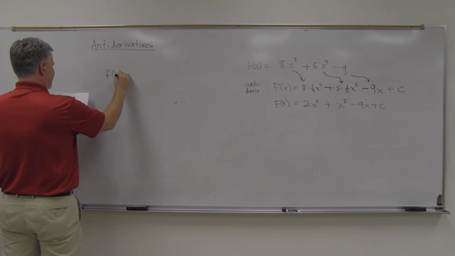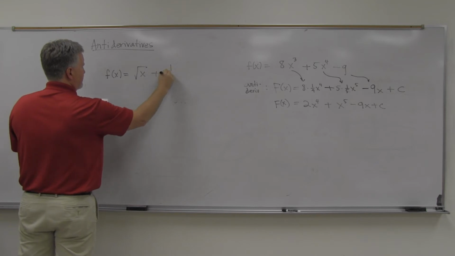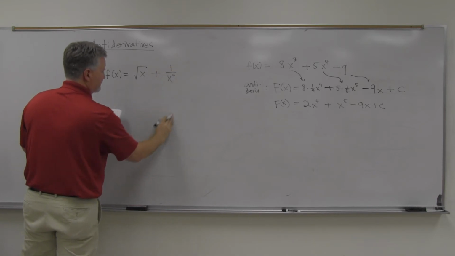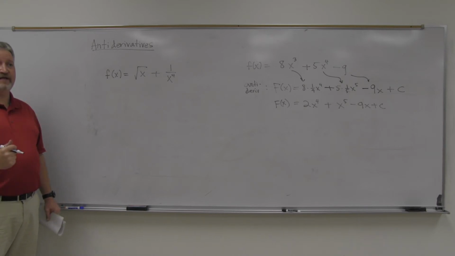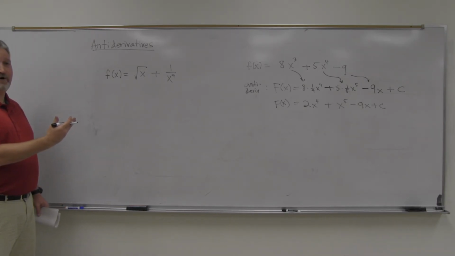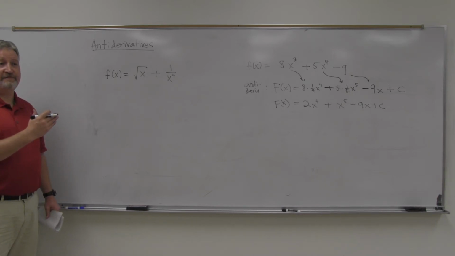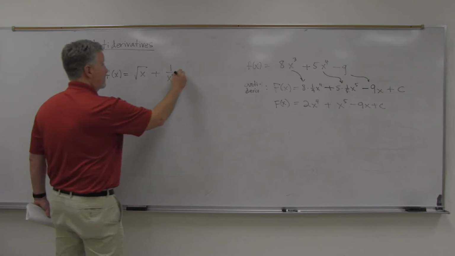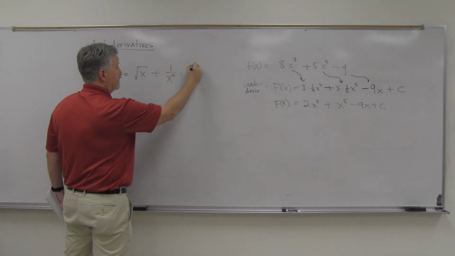Similarly, f of x equals the square root of x plus 1 over x to the fourth. Well, that's 2 added together. However, you see there, we might want to alter the appearance, if you will, of f of x before we do the antiderivative. Probably I'd want square root of x in the power form, x to the 1/2 power.